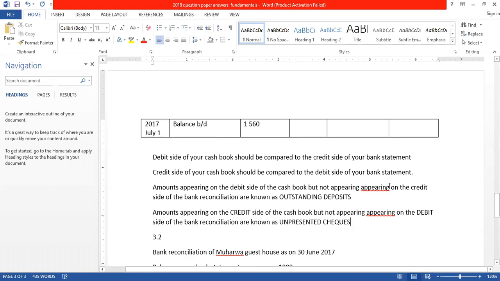Okay, so with this format where you are given a cash book already and a bank statement, what you need to know is only which sides you compare, and which amounts are known as the outstanding deposits and which amounts are known as the unpresented checks.